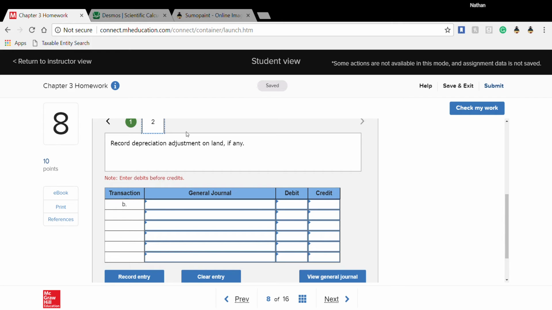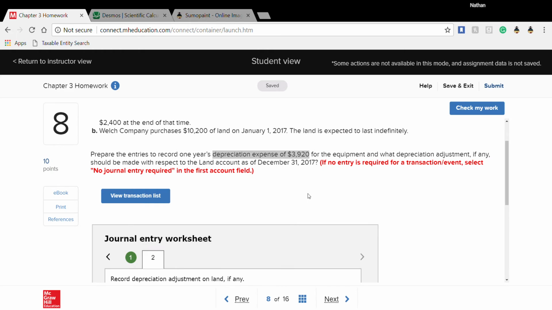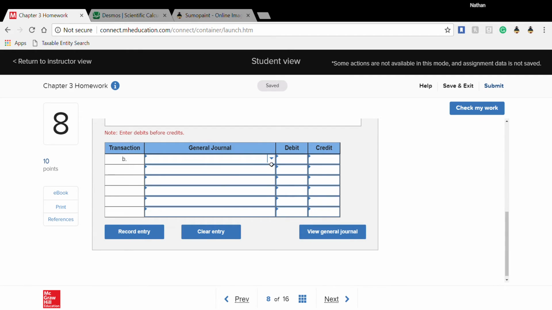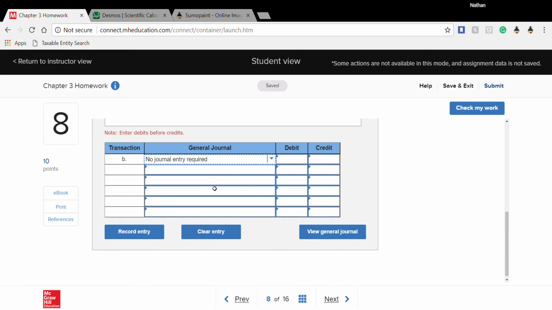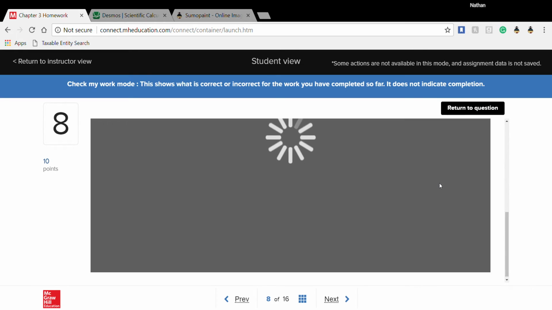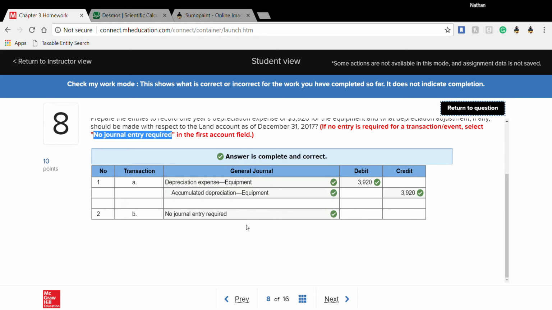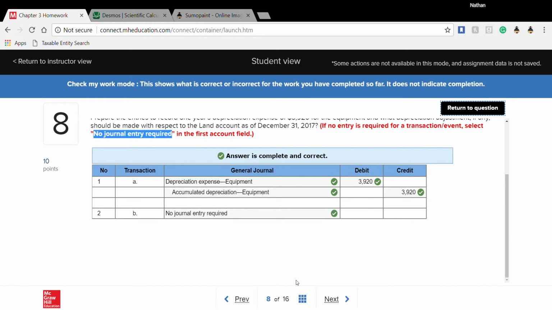Does not get depreciated at all. So even this big old red spot right here says if there's no depreciation, nothing that we need to do, we need to put no journal entry required. So right there, no journal entry required, all done. Again, check my work. Boom, answer is correct. And we move on.